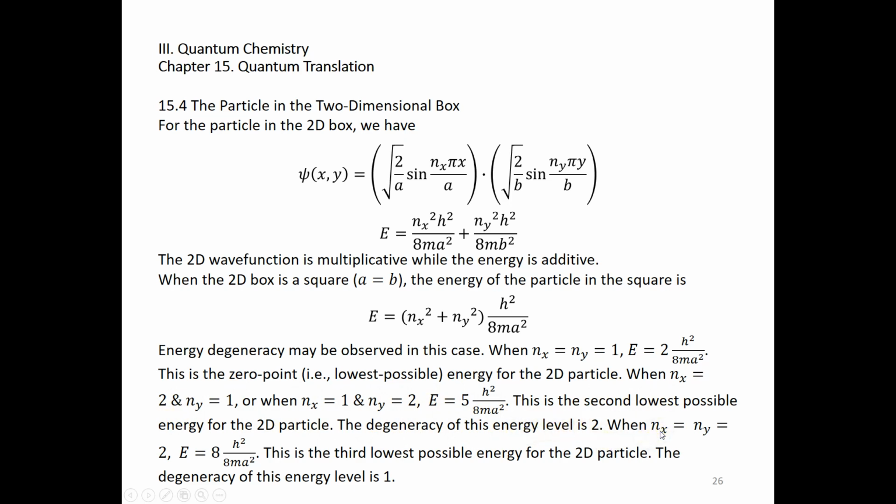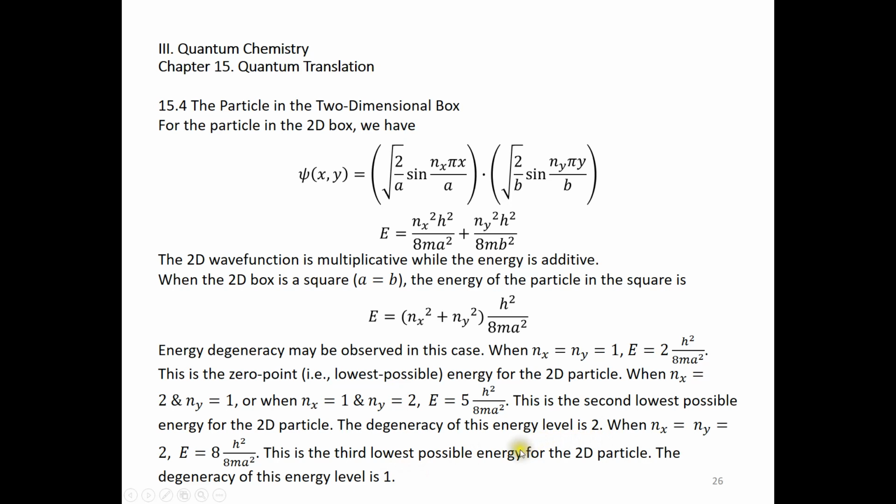What if nx is 2 and ny is 2? Well, then the total energy is 2 squared plus 2 squared and then h squared over 8ma squared. And this is the third lowest possible energy for the two-dimensional particle inside a square. The degeneracy of this energy level is 1.